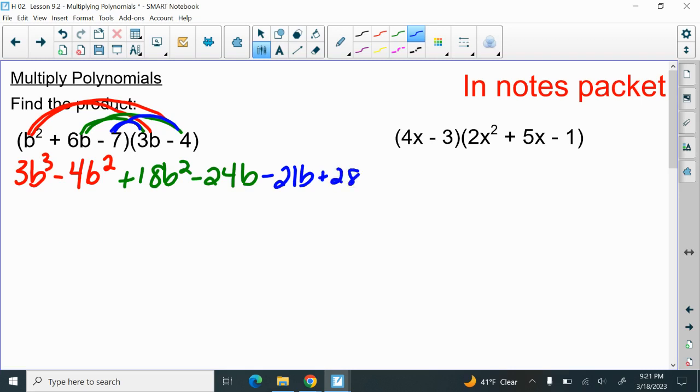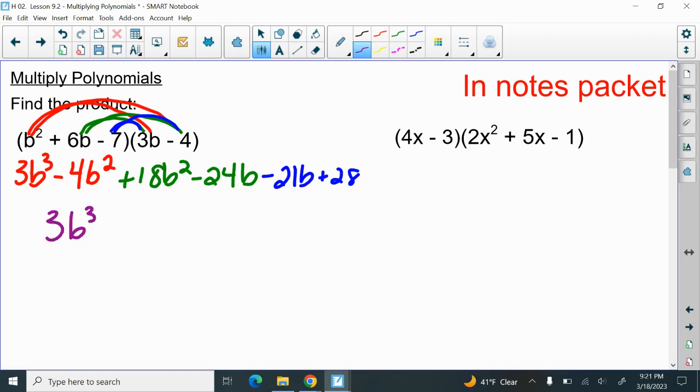So now we need to make sure that we combine all our terms that we can, and make sure it's in proper order from the largest exponent to the smallest exponent. So my final answer here would be 3b to the third, because I can't combine that.